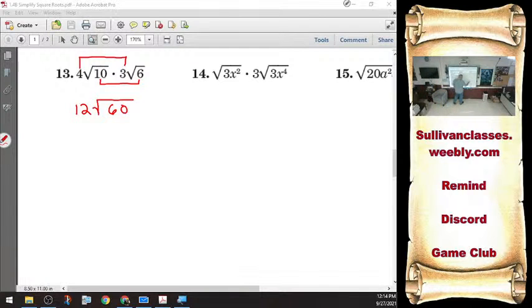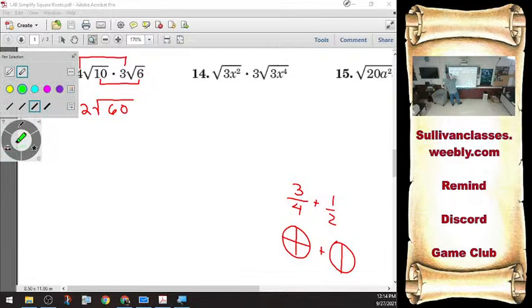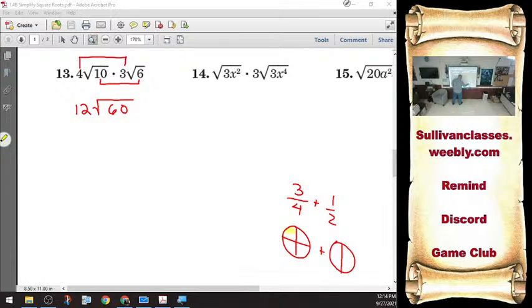Like if we went way back in the day and I said 3/4 plus 1/2. Y'all remember how? See, I can't say that the pieces of this pizza and the pieces of this pizza are equal, right?